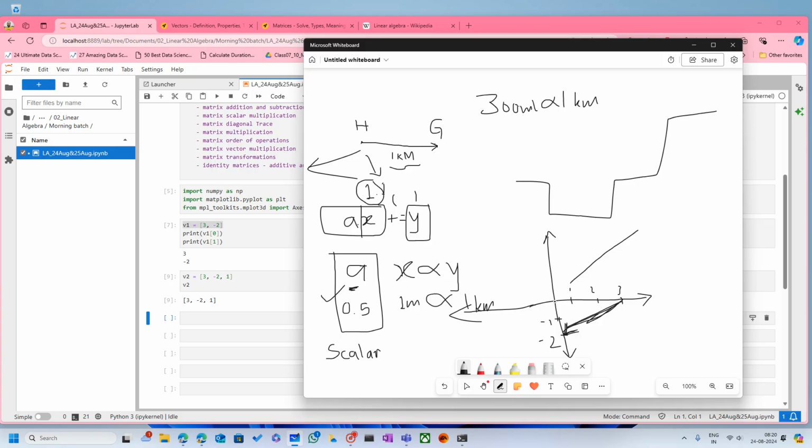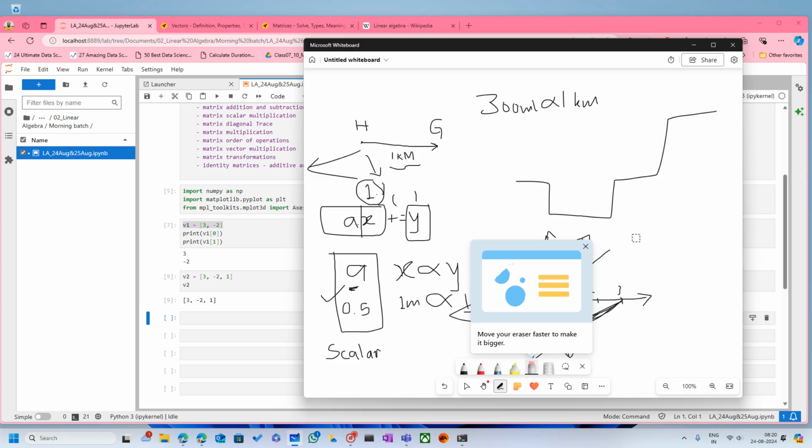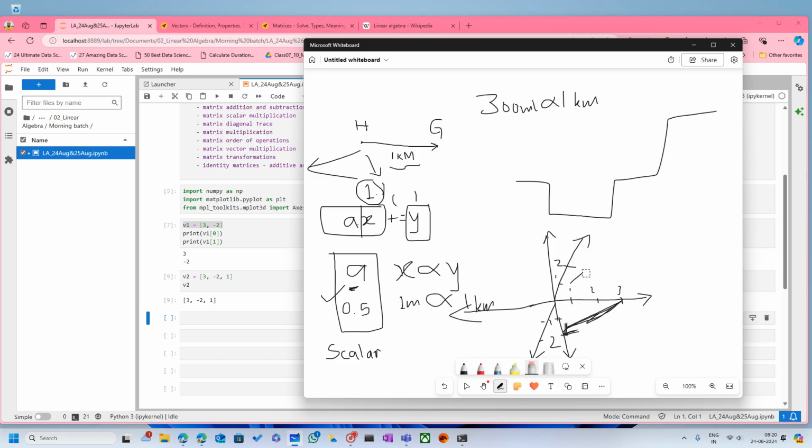this would be your, let's say you also have another axis, a three-dimensional axis. Then this will be your 1, this will be your 2. Let me erase this first. Like this.